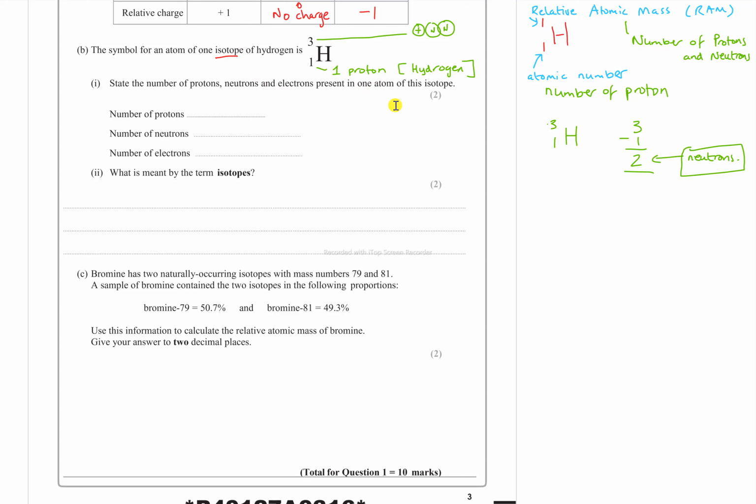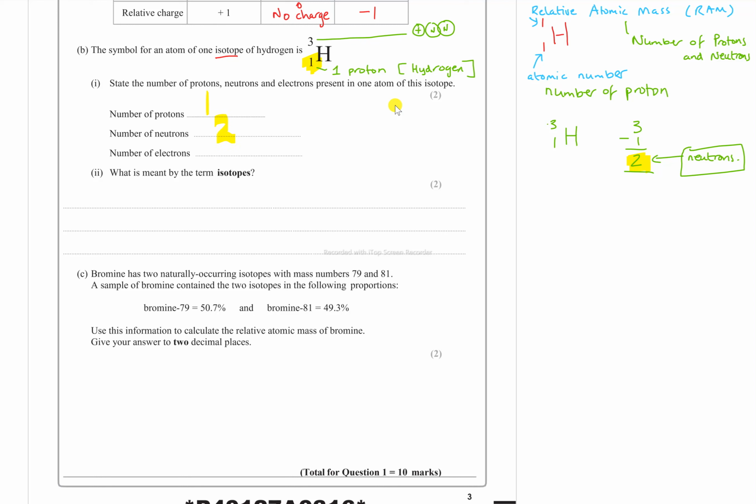State number of protons, neutrons, electrons. Right, so the number of protons we said was the bottom number. So that is 1. Number of neutrons is 3 take away 1, which is 2.